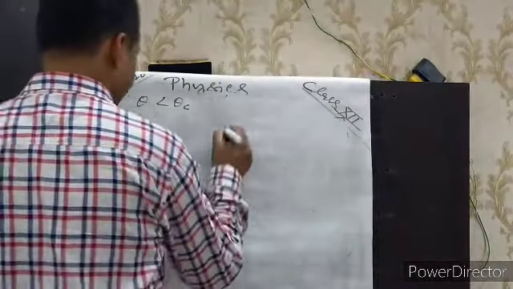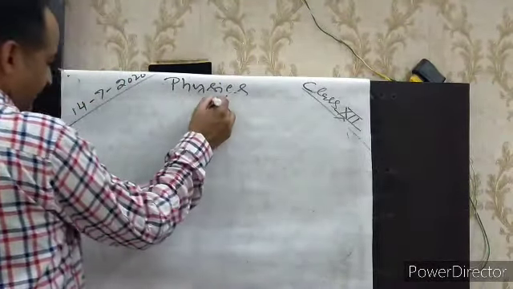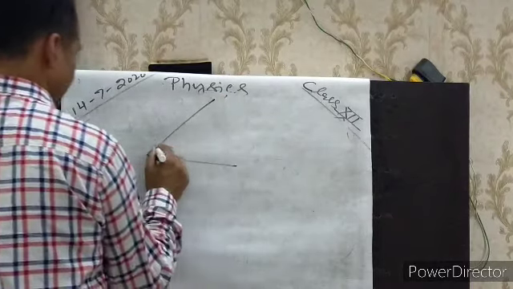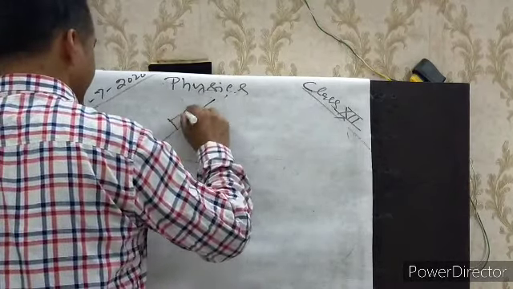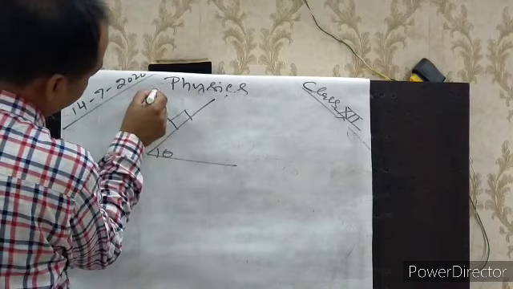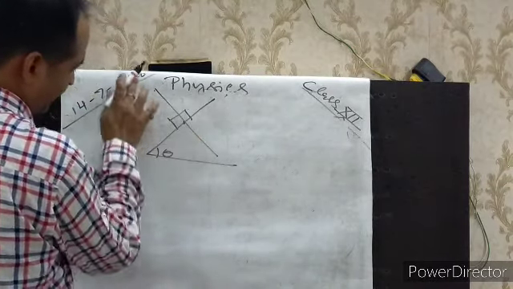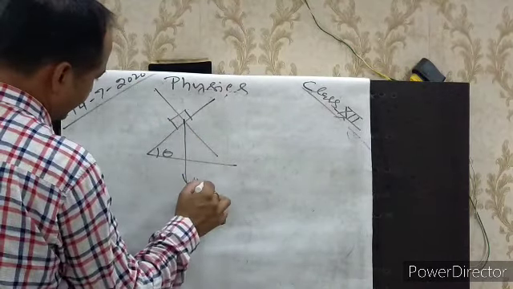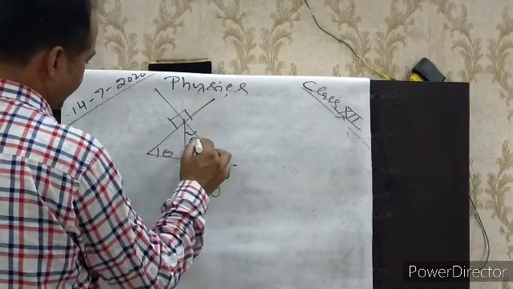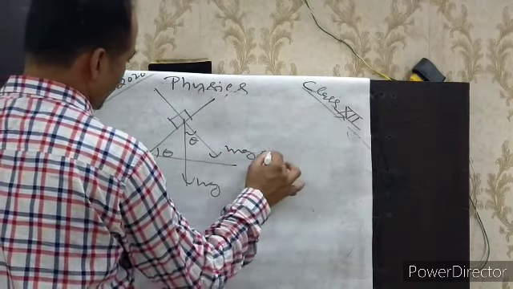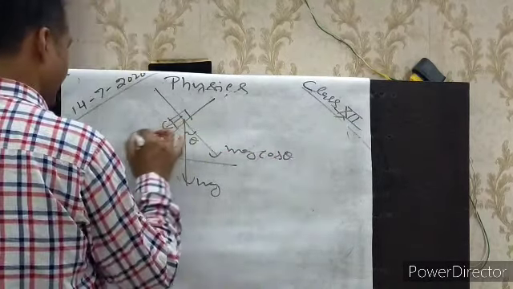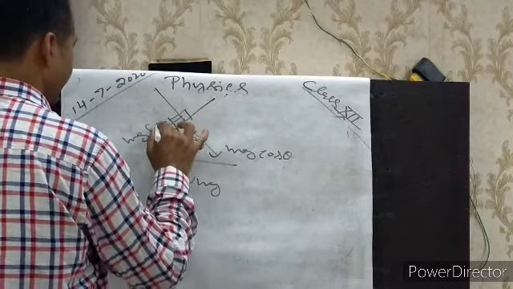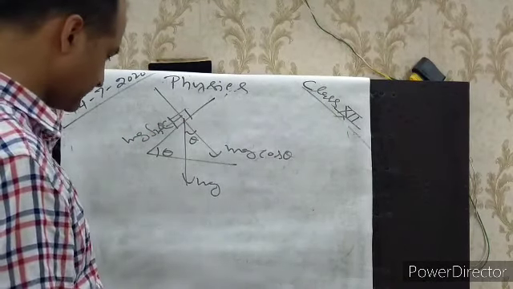Then the diagram is like this. What you have to draw? This one is theta, this is the block, and this one is the normal, and you have to draw normal and vertical line. This is mg, this will be theta, this is mg cos theta, and this one is mg sin theta. Is it clear?